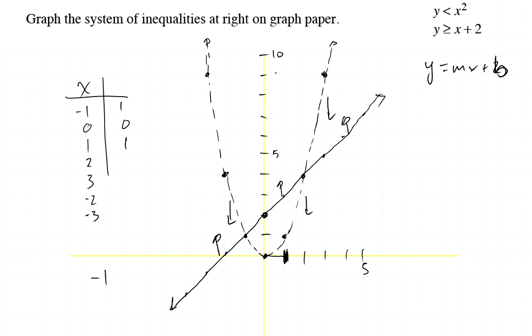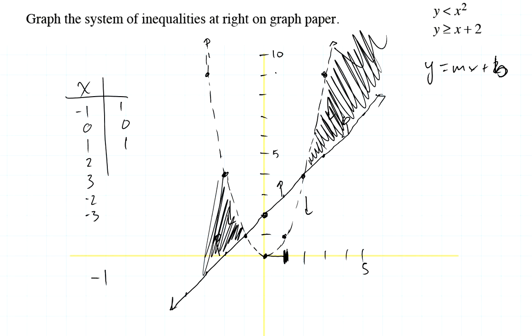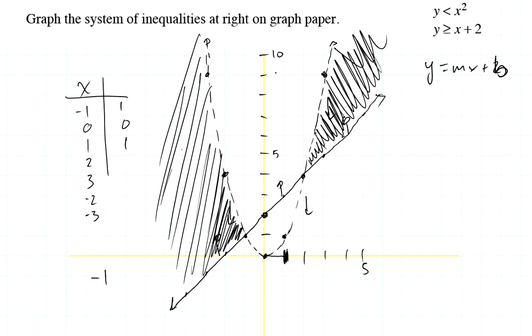And what I see is there's this specific region right here, right below the parabola and above the line, and that continues on like that. And then also here, there's this region, above the line and yet below the parabola. So the solution is any point that lies in that shaded region.